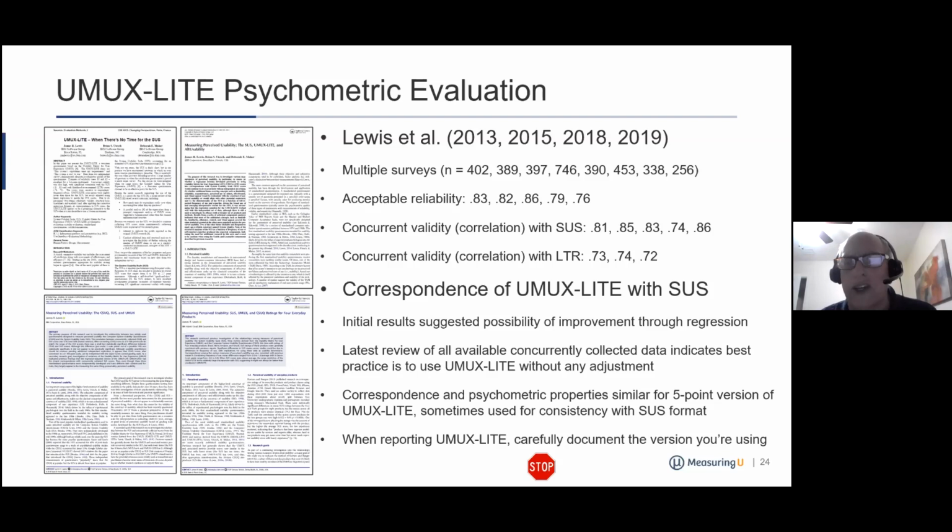The correlations were not perfect, but they were uniformly, at least at the study level, or I believe it's definitely at the task level, uniformly positive correlations and significant.